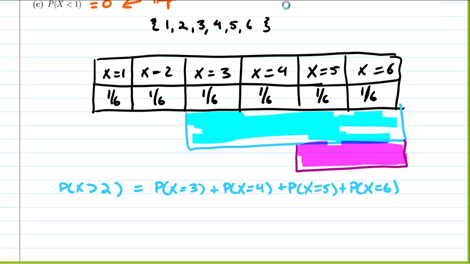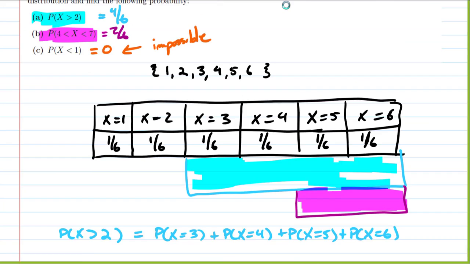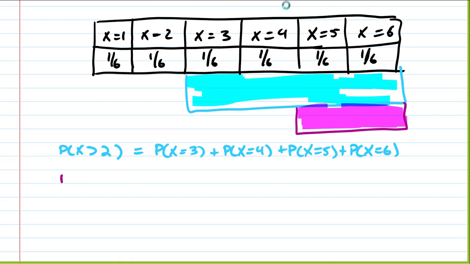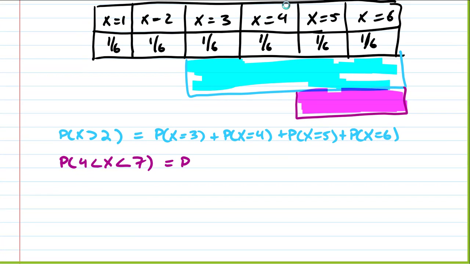So if we added those up, once again, it's 1/6 plus 1/6 plus 1/6 plus 1/6, which gives us 4/6. Similarly for our other one. So for our event in purple, between 4 and 7, is the same as the probability that x equals 5 plus the probability that x is equal to 6. Very good.